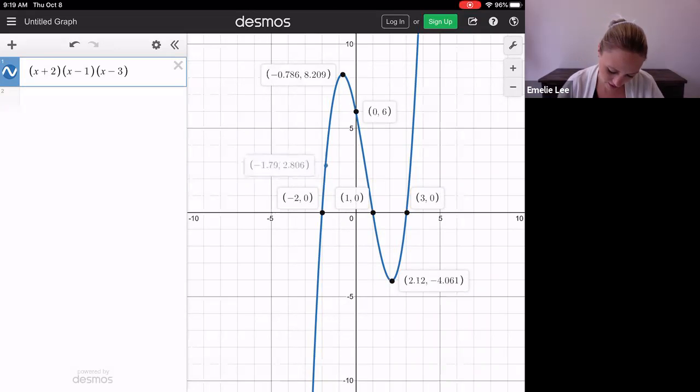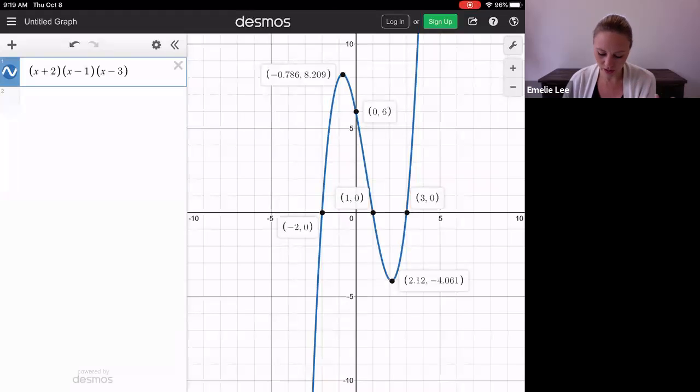Even if you wanted to know, you could trace along the line and figure out what the point is at each of these values. And so you can move along through values of x, and you can see that the y value is negative up until you hit negative 2, and then it switches to positive, right?